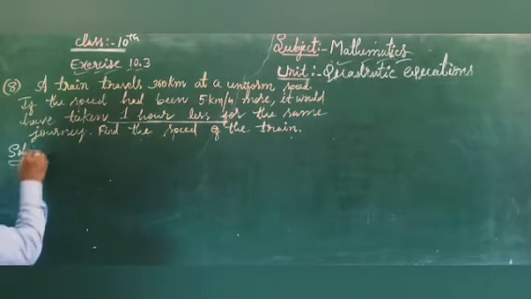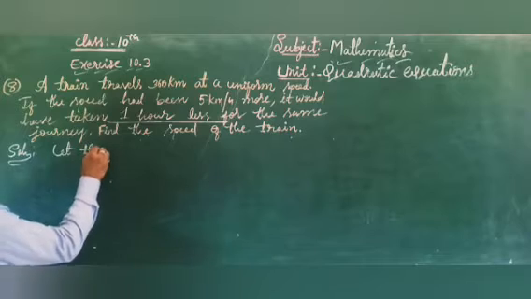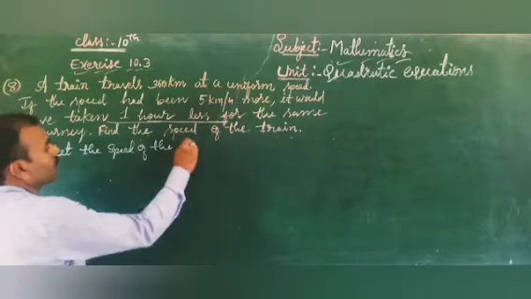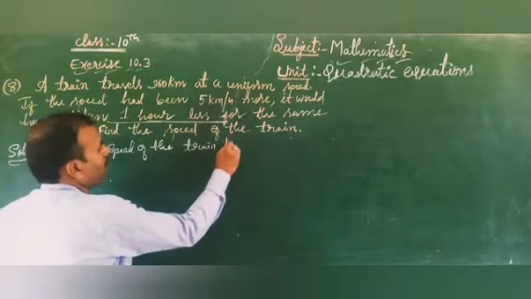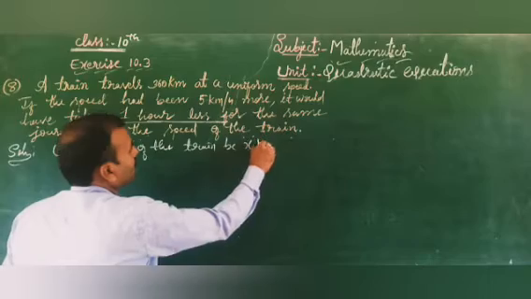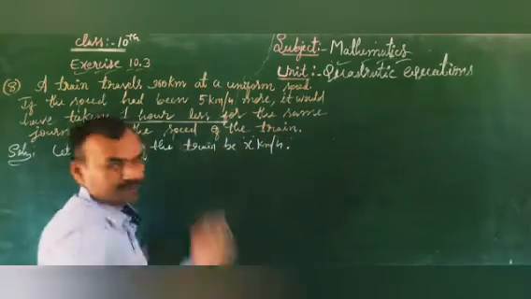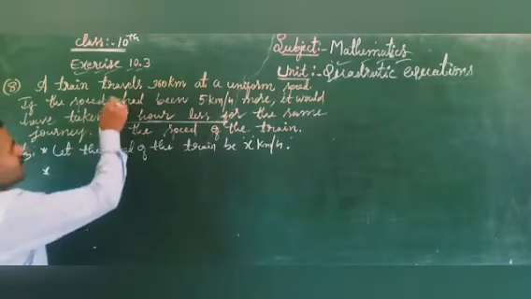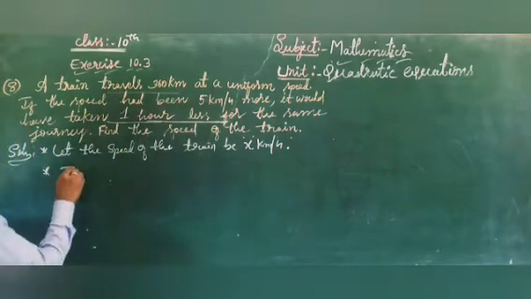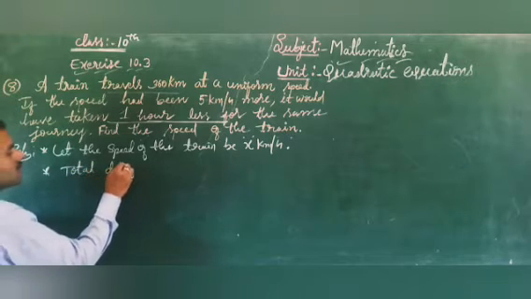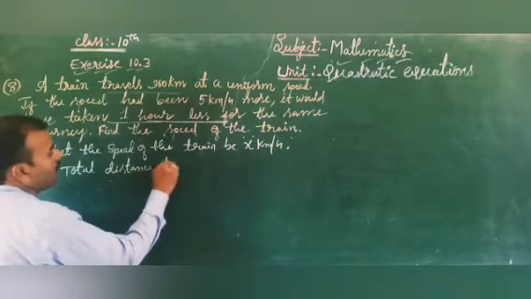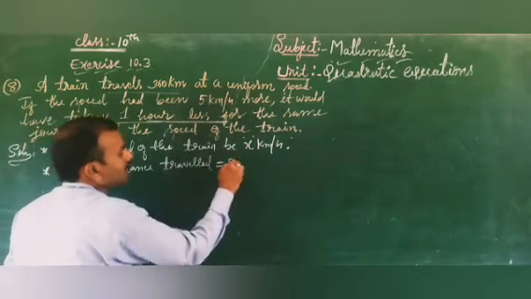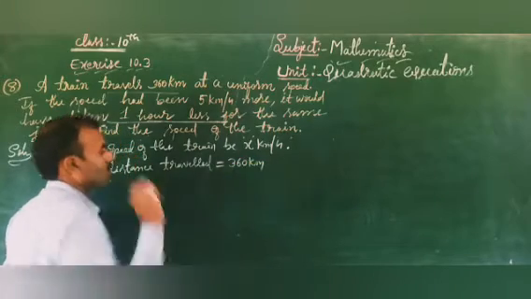Solution. Let the speed of the train be x kilometer per hour. Next, total distance traveled equals 360 kilometer.